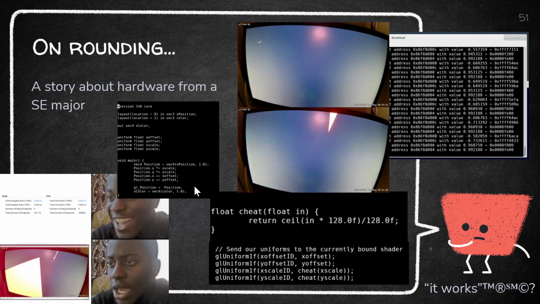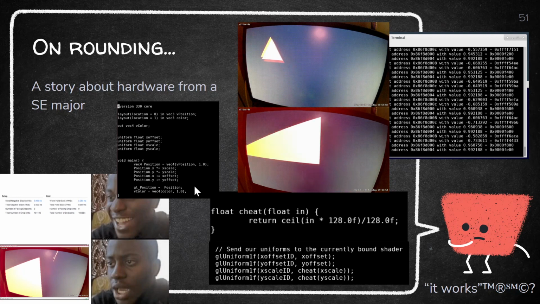And then when we send two or more, it would just break completely. And so we fixed that by fetching the uniform location correctly. But when we got to that state, we were able to do addition, but not multiplication.